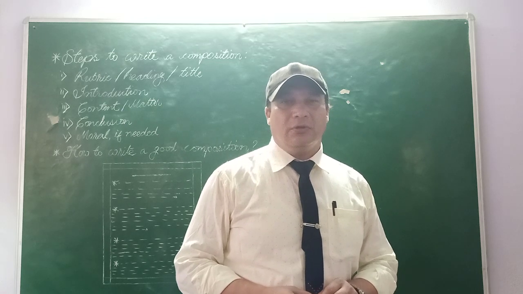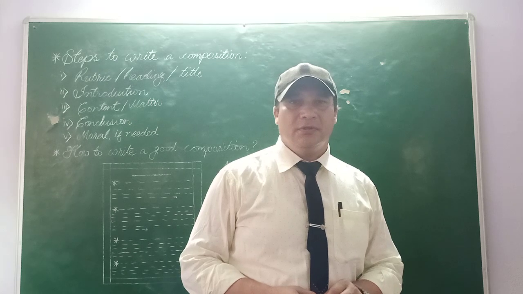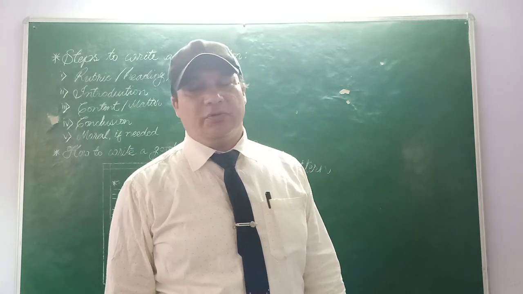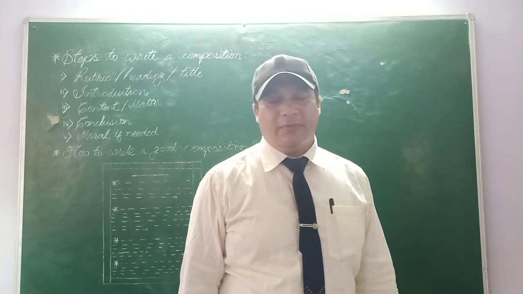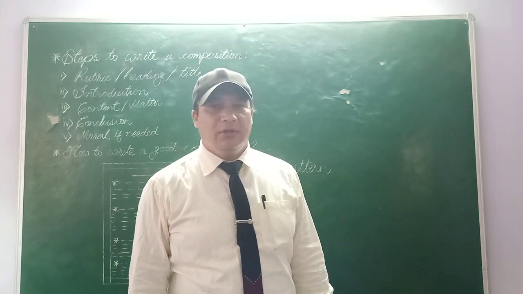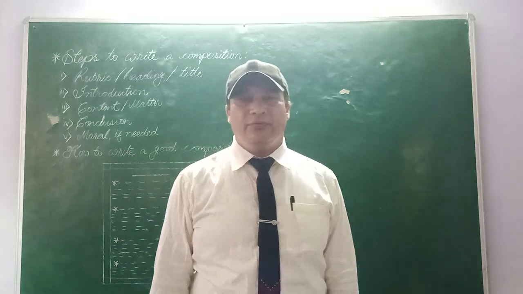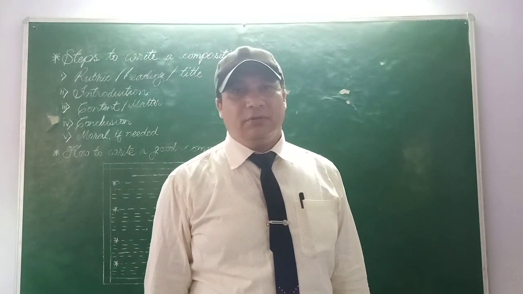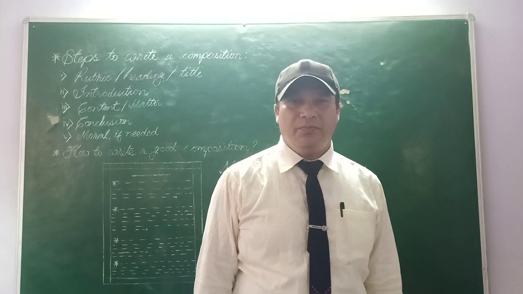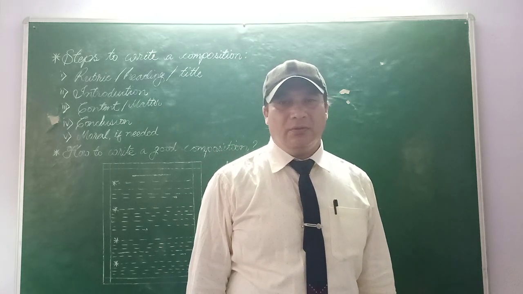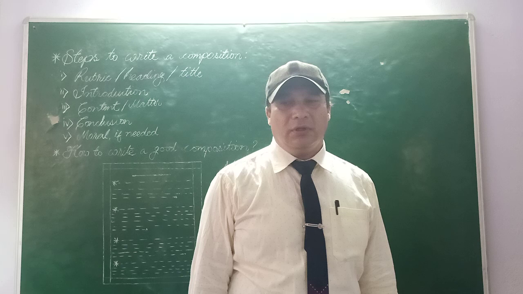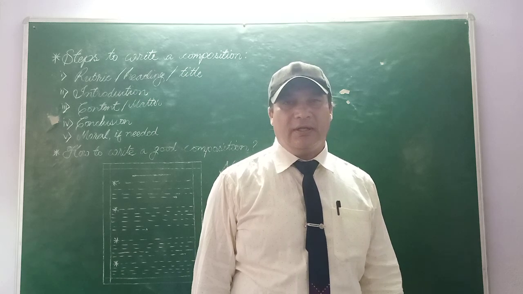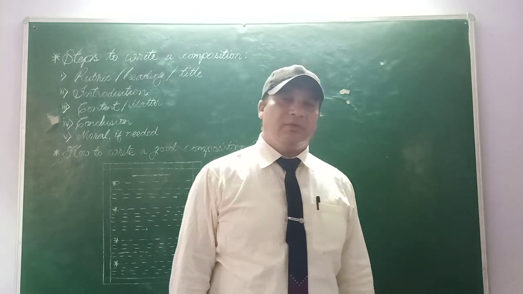Further, we also talked about the kinds of compositions, and found 7 kinds as per grammar. For each kind we went into detail with examples. Hope you understood all these kinds and how we identify them.